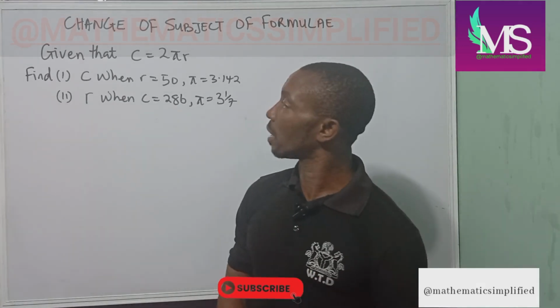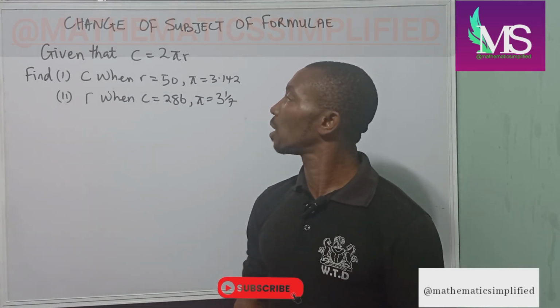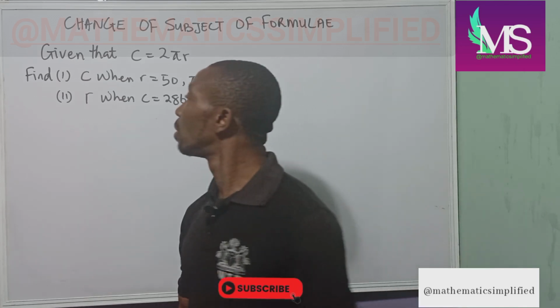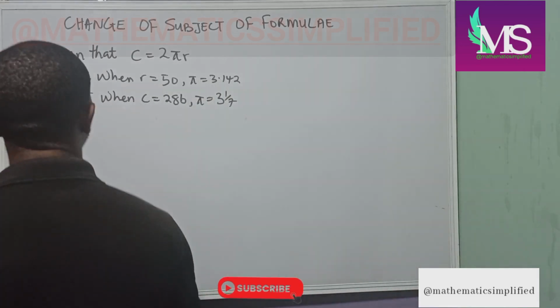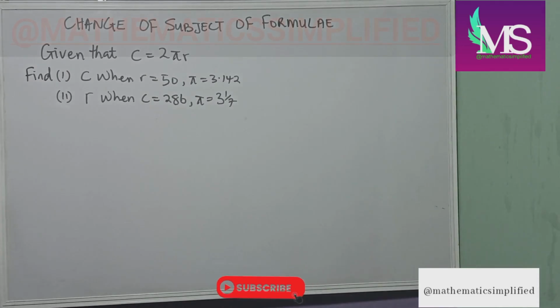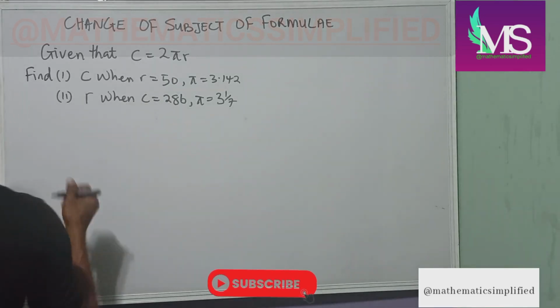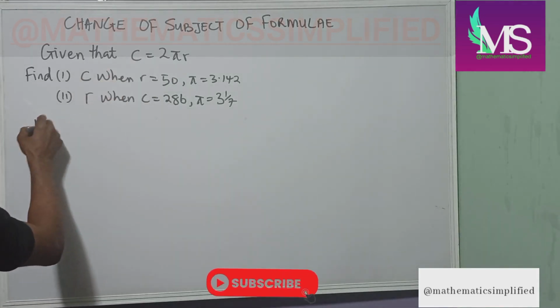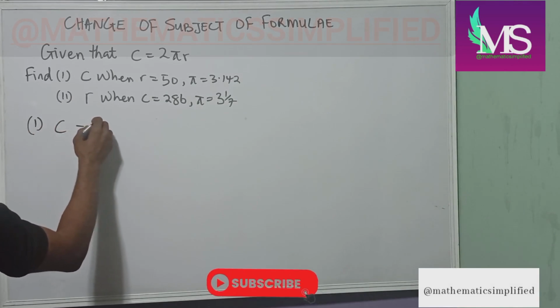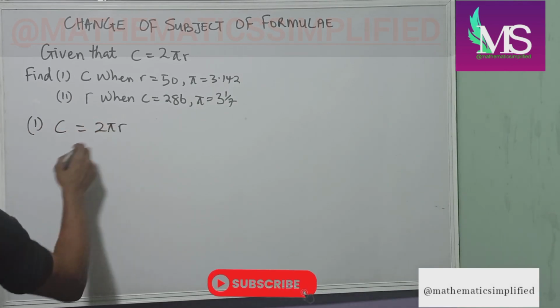Okay, our next one says, given that C equals 2 pi r, find C when r is 50 and pi is 3.142, and find r when C is 286 and pi is 3 whole number 1 over 7. Now, in doing this, starting from 1, we have C equals 2 pi r.